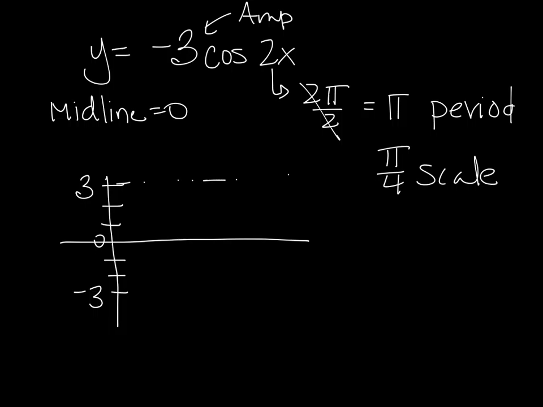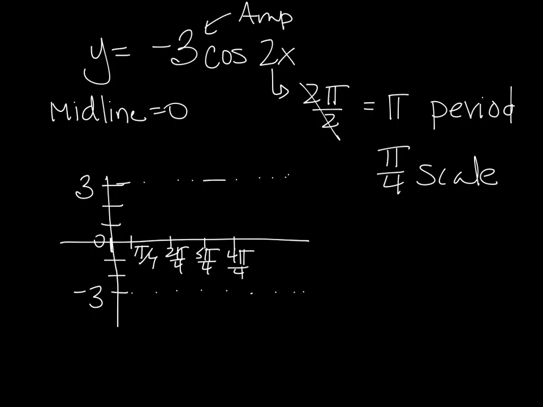So half my graph is above and half my graph is below the x-axis. The scale is pi over 4, so 0, then pi over 4, 2 pi over 4, 3 pi over 4, and 4 pi over 4, otherwise known as pi, which is the period, so we know we're done.